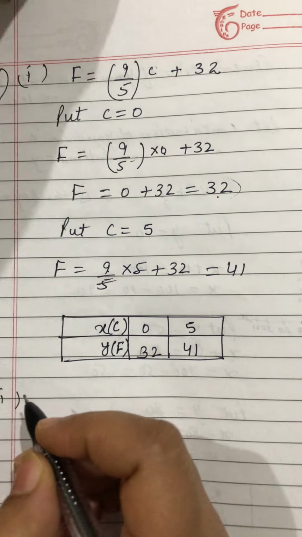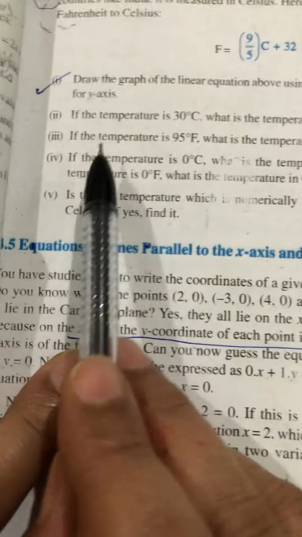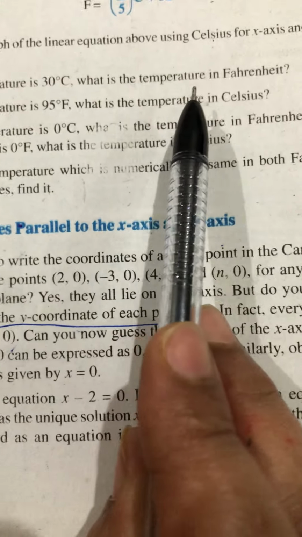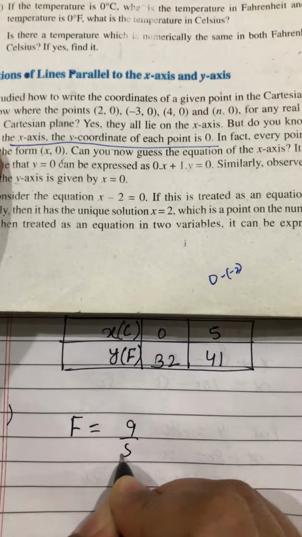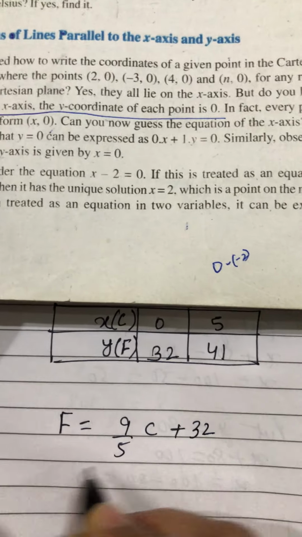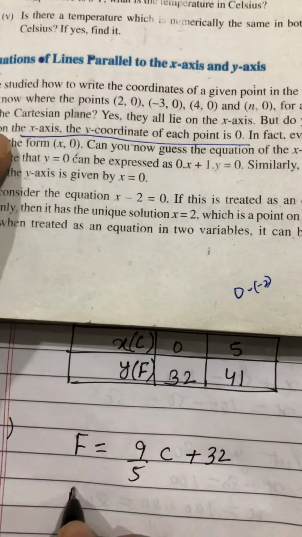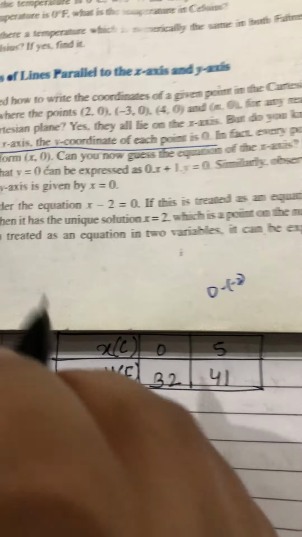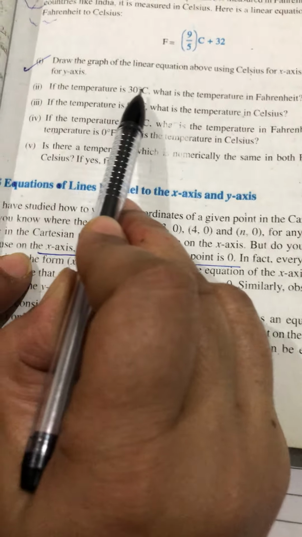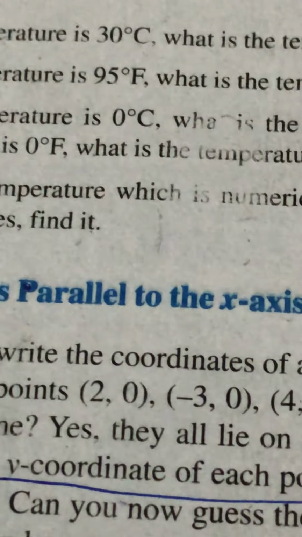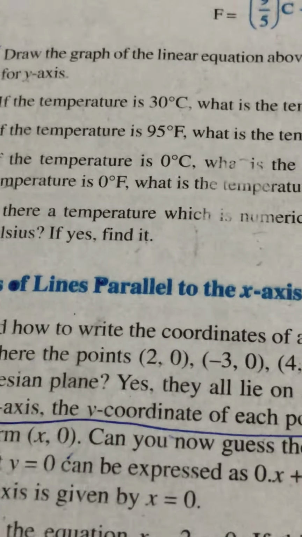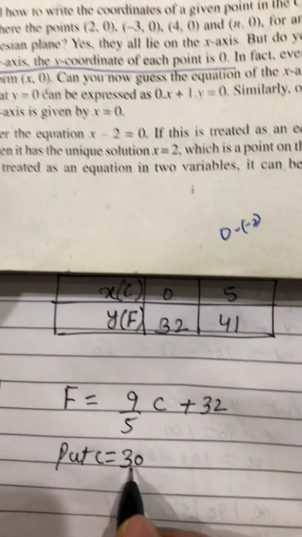The second part is, if the temperature is 30 degrees Celsius, what is the temperature in Fahrenheit? Now again see, F is equal to 9 by 5C plus 32. It is given that C is equal to 30.